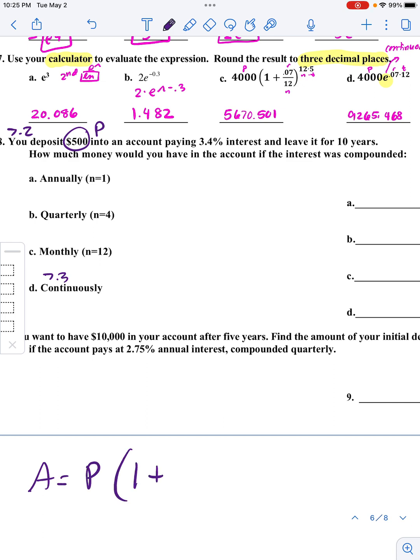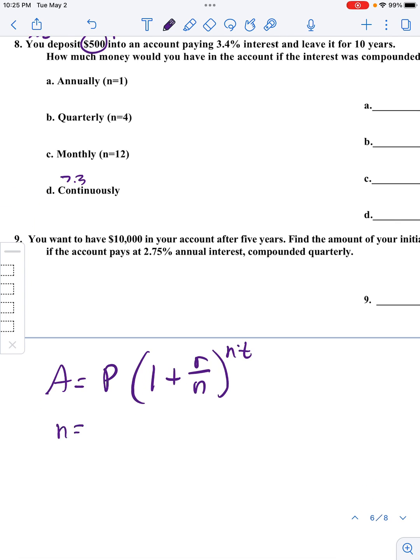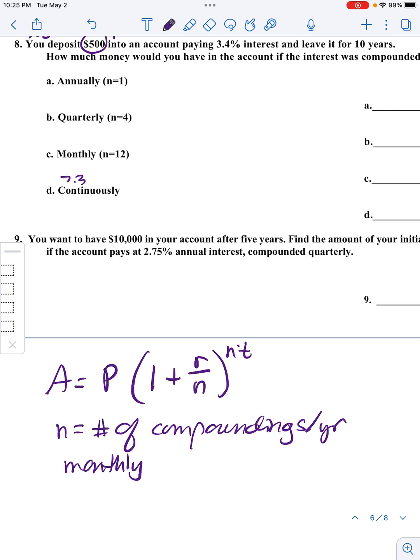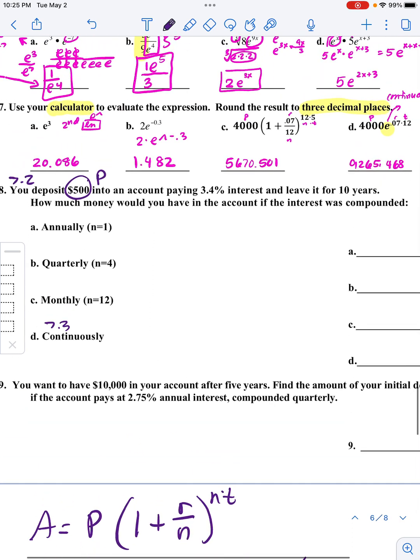Then we have 1 always plus R over N to the NT power. And that is if you can count the number of compoundings. So how many times does it say that it's getting compounded? And that's per year. So if they say it's compounded monthly, that would be 12 times a year. Quarterly, and they actually have that written for you here.